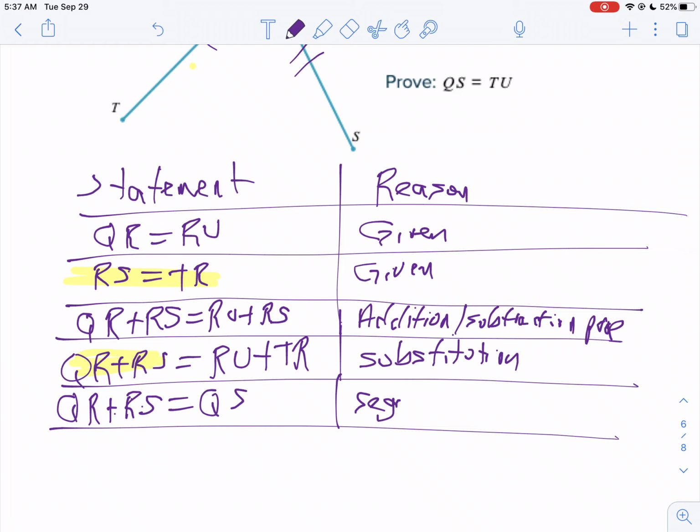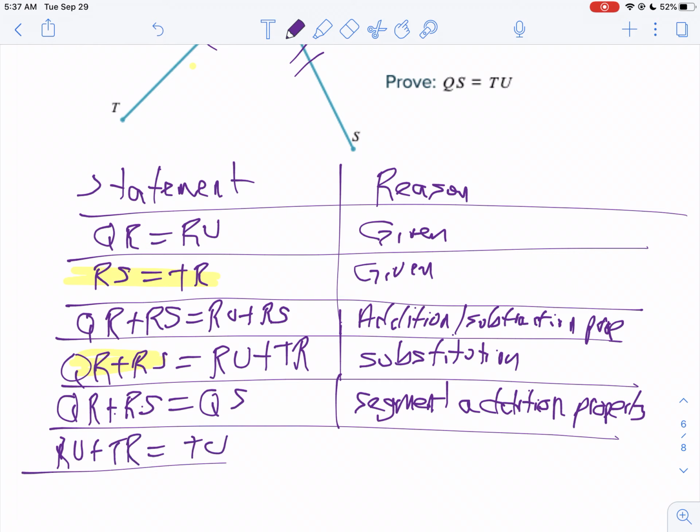We could have written this in the proof pretty much any time we wanted to. And then we'll do the same thing. RU plus TR, well, that equals TU. Same reason.